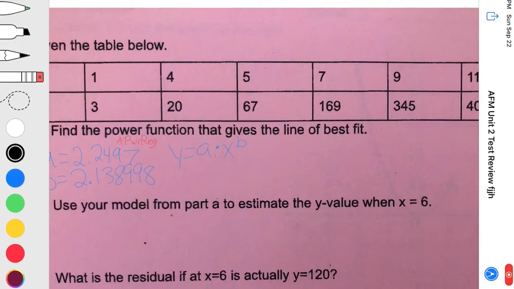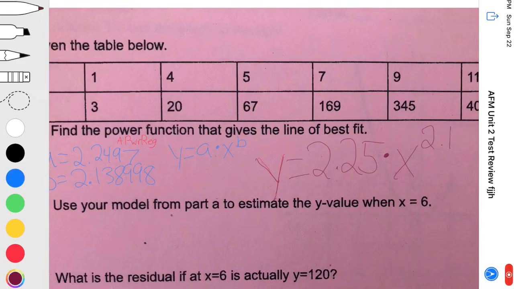I'm sorry, guys. Let's try red again. y equals our A, which was 2.25 times x raised to the 2.14. So that would be your equation for A.